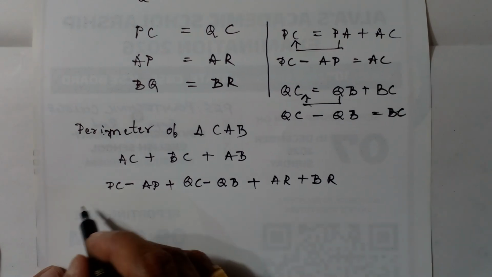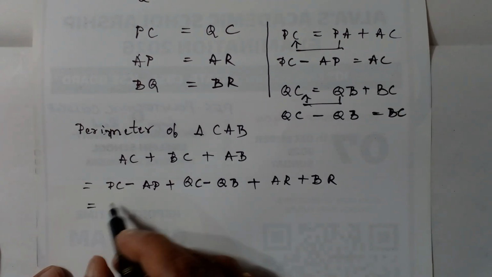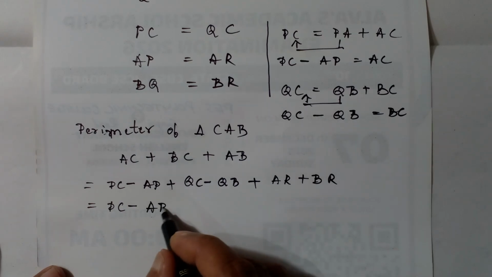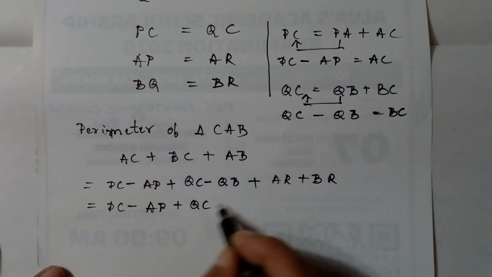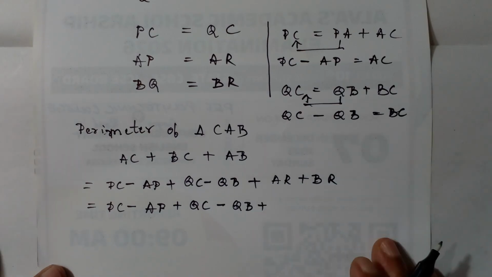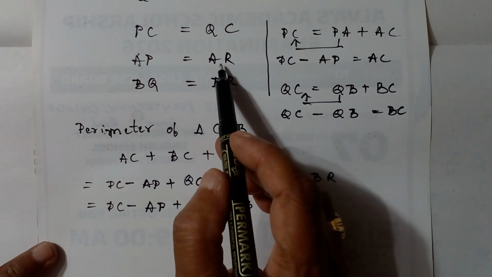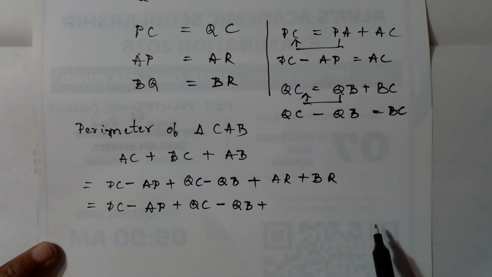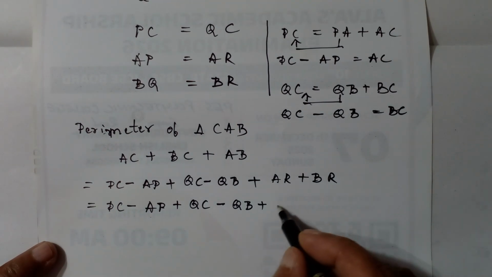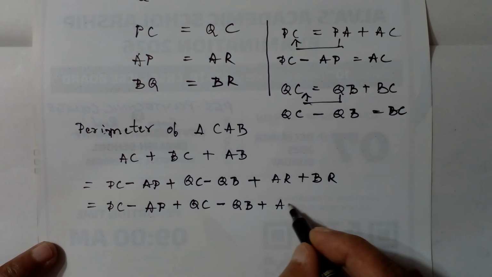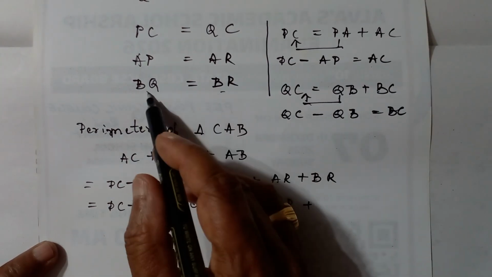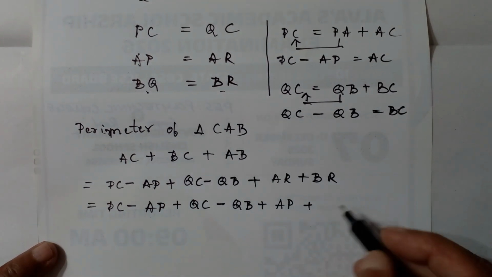After that: PC minus AP plus QC minus QB plus, since AR is equal to AP, AP, plus BR, and BR is equal to BQ, or QB, both are the same.